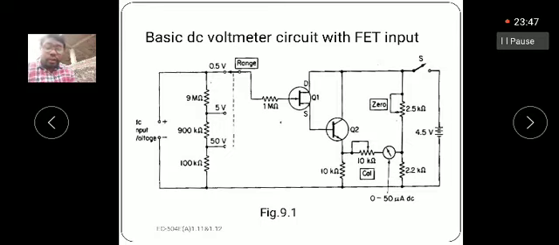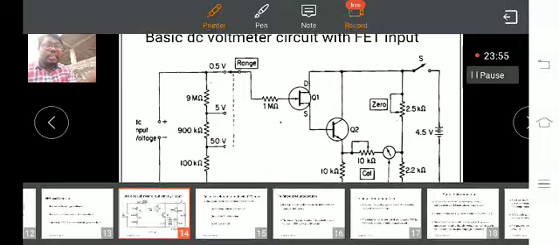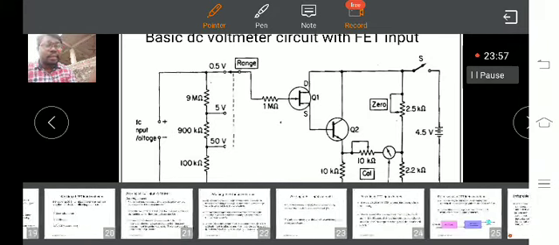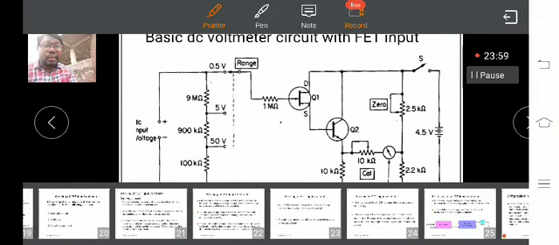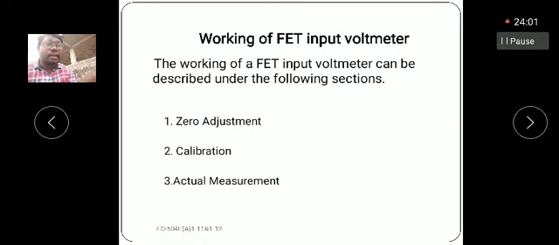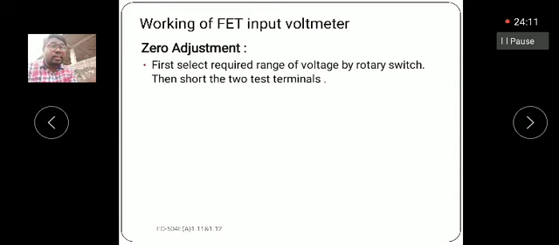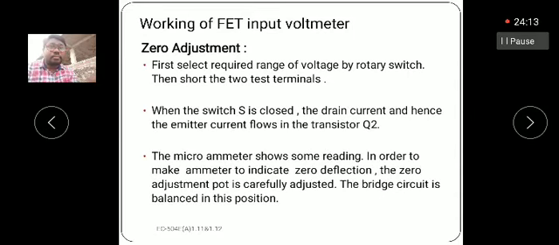The unknown voltage to be measured is applied between T1 and T2. Based on that, we divide the working into three sections: zero adjustment, calibration, and actual measurement. First, the zero adjustment.